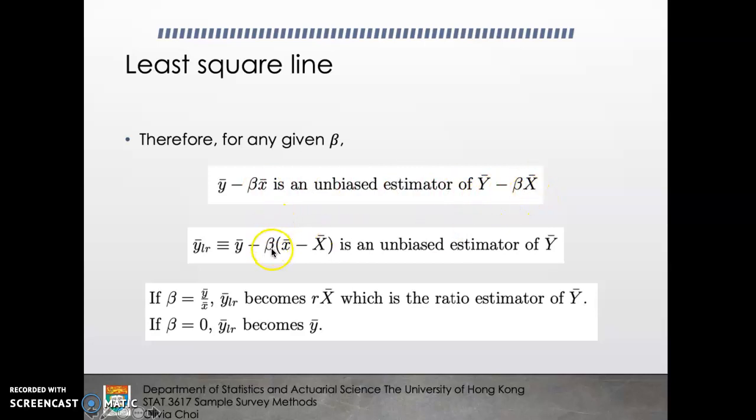Taking out the common factor, we have the unbiased estimator Y bar equals the sample y bar minus the slope beta multiplied by the difference between our sample x bar and the population X bar. We have the subscript LR to indicate this estimator is obtained from linear regression.